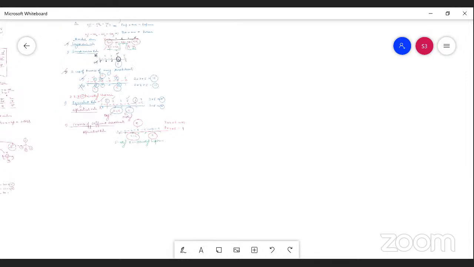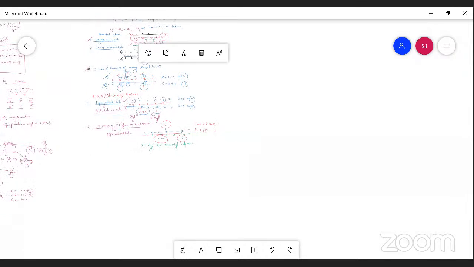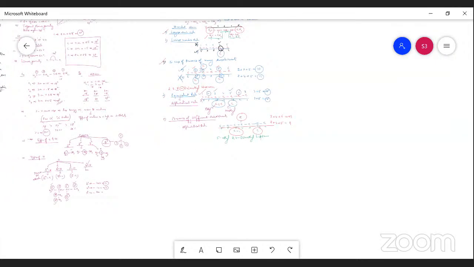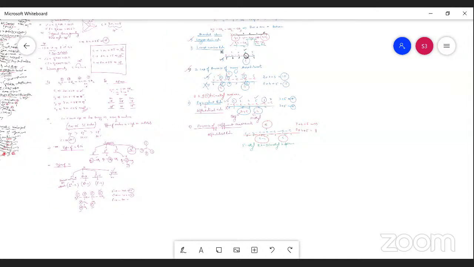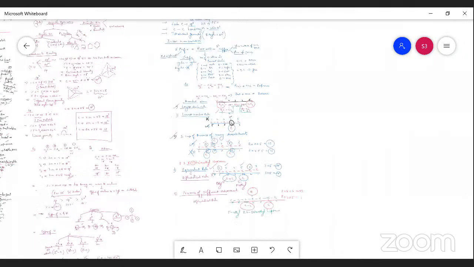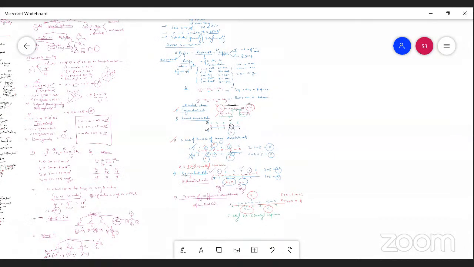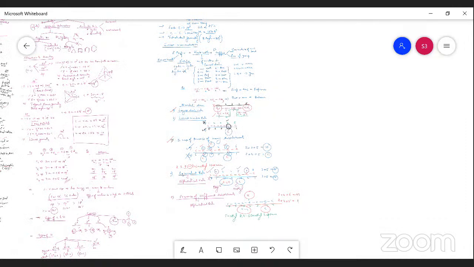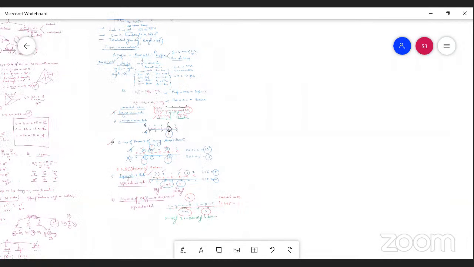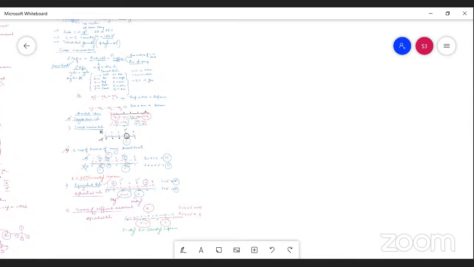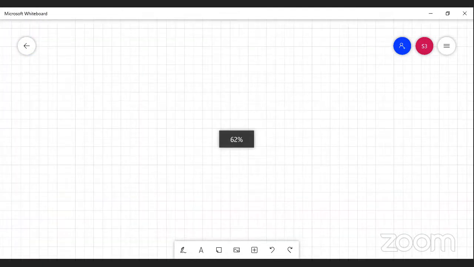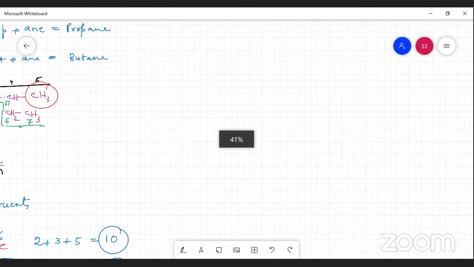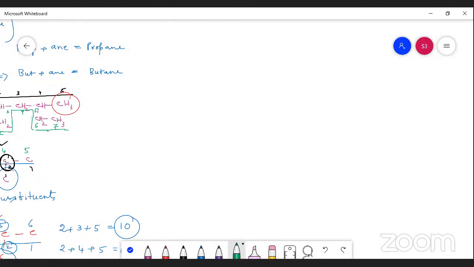So likewise, by following this, you can name compounds. Okay, so in this, I think we get an idea about IUPAC nomenclature.